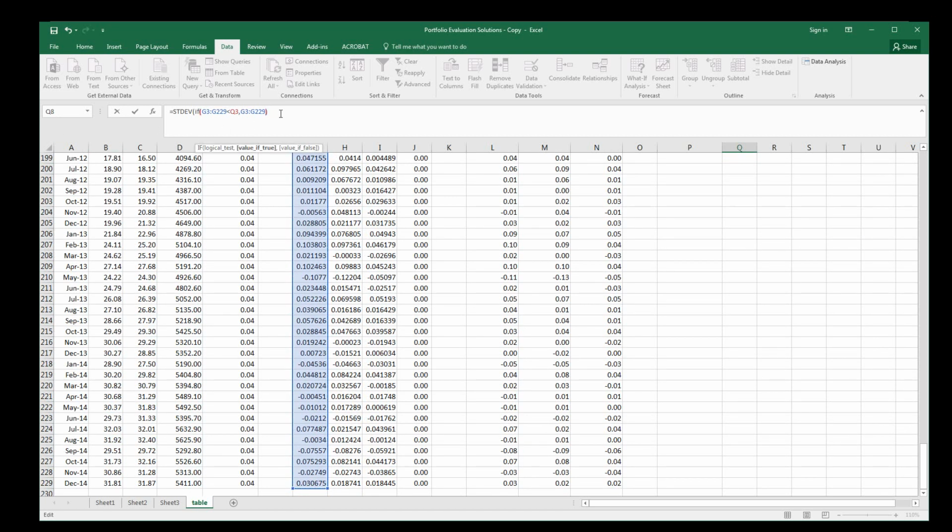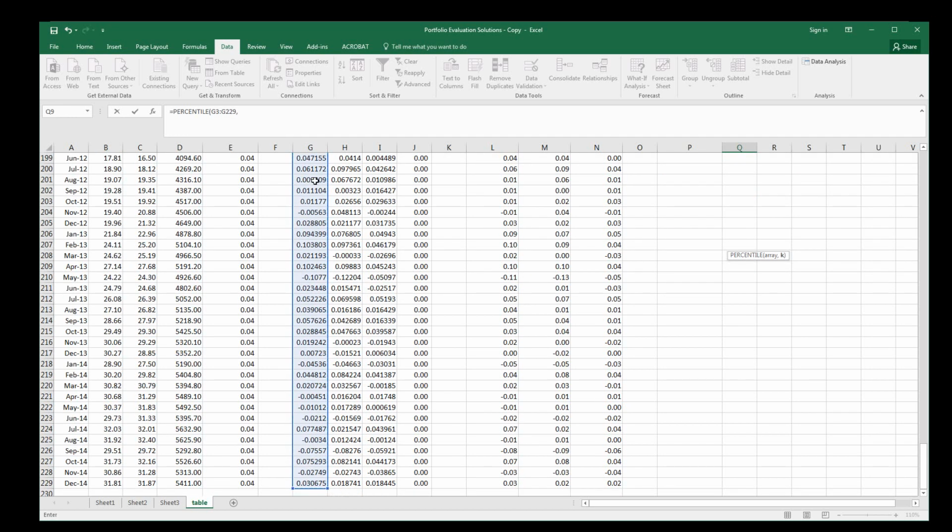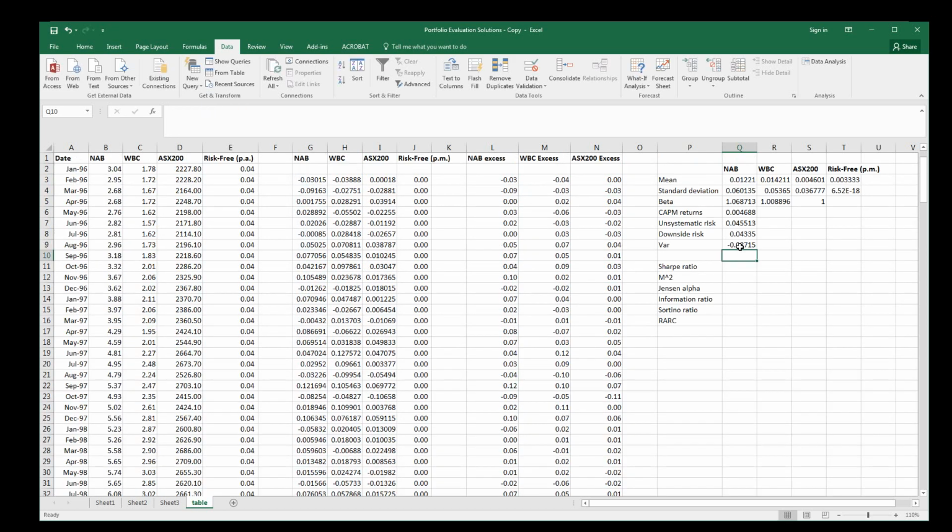So we finish two brackets, and then we need to put an array formula. That's Shift Control Enter. So we get the downside risk. VaR is the percentile function, NAB, and then 0.05 because we are taking the bottom 5% returns.